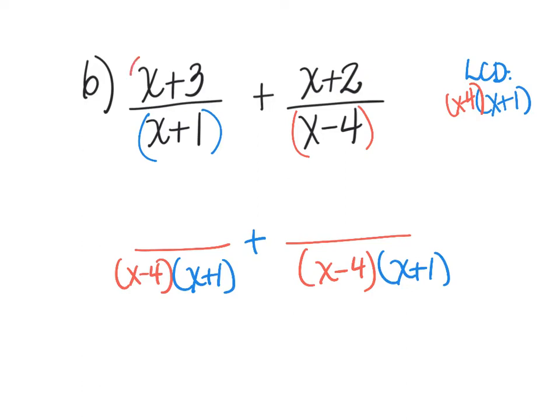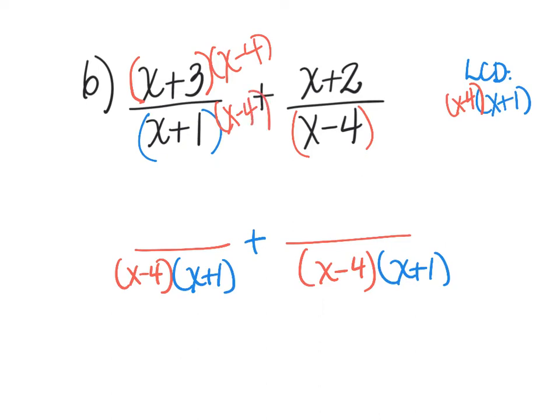Now keep in mind, the numerator has a unit. So I need to wrap it in parentheses because I'm going to be multiplying it by x minus 4, because that's what it's missing. So you know what that means?